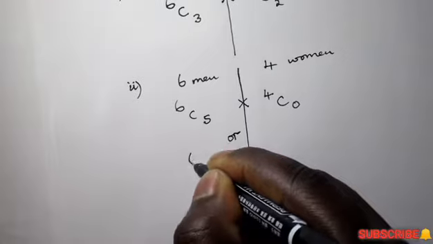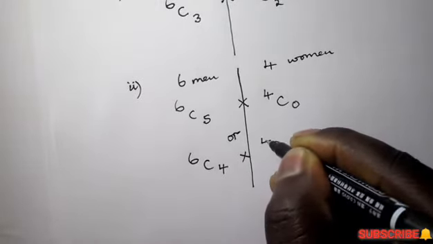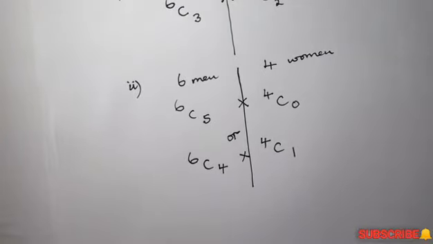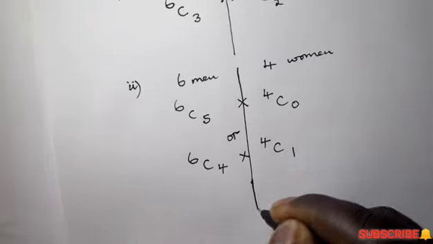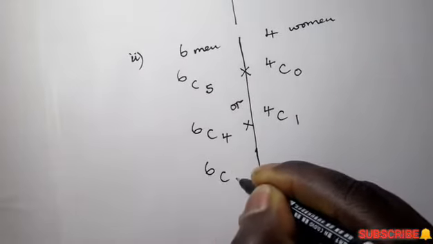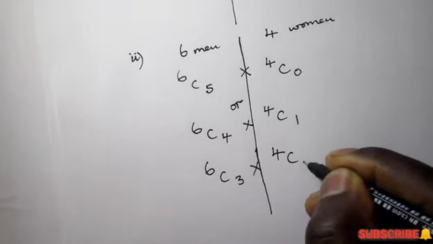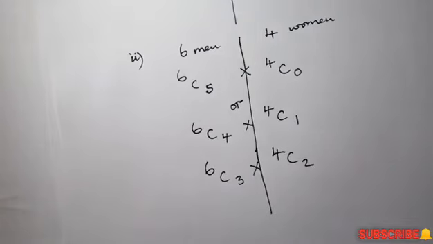Men can be more than women if we choose 4 of them, then we multiply with 4 combination of 1, choosing 1 lady and 4 men. Still, the number of men will be more than the number of women. Or you can choose 3 men and 2 ladies, like this.